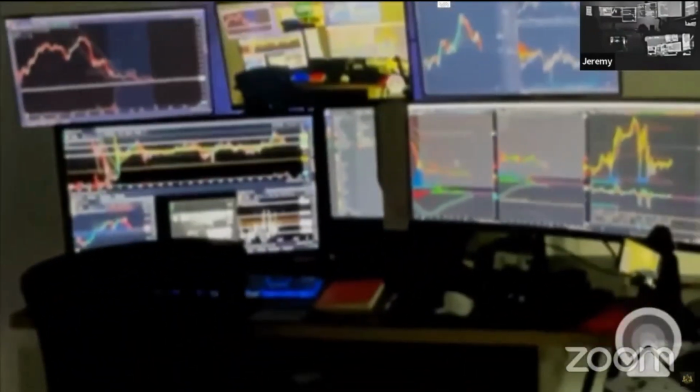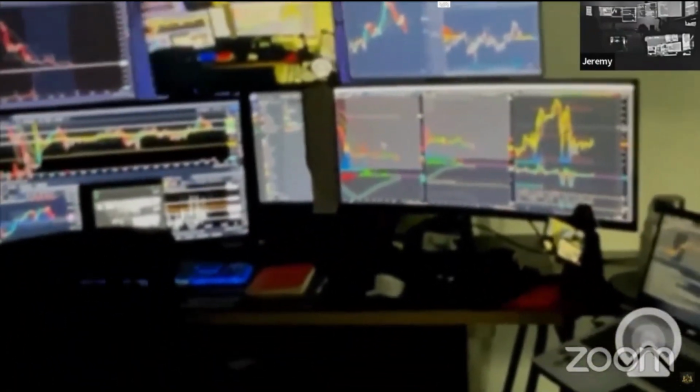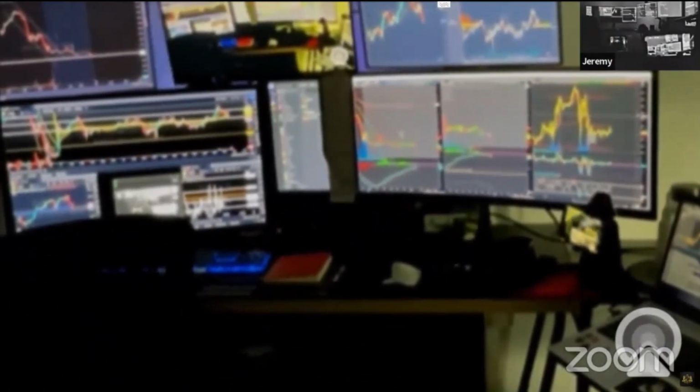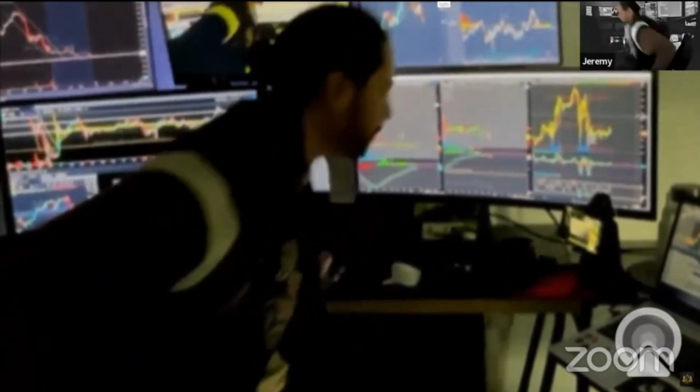That's how I trade. This is, more or less, my setup, regardless if I'm trading SPY or ES. These are the charts that I'm trading, and this is the setup that I'm trading.